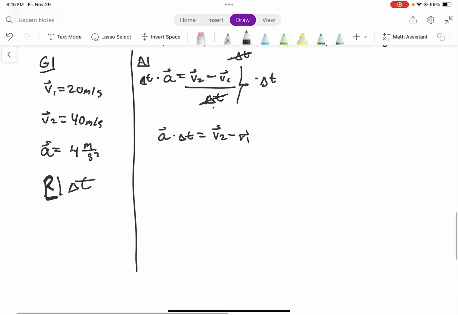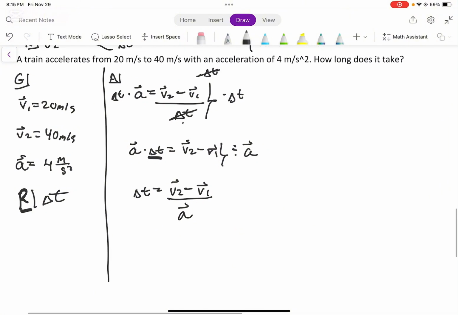Now we have acceleration times delta t is equal to V2 minus V1. Now we still want to get the delta t by itself, so we can just divide by acceleration. So now you're left with delta t is equal to V2 minus V1 over acceleration. And now we have time by itself. And now we can just go solution.